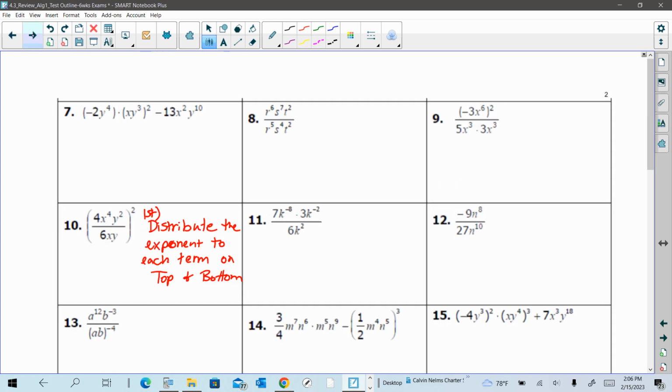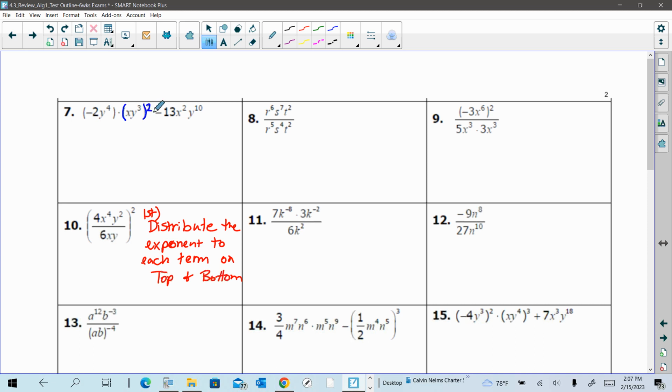All right, and then we're going to continue using those exponent rules on this next page. We got some multiple steps on here. I'm going to go over a couple, or maybe just make reference to the rule. So on number 7, the actual first item that we should focus on is this parentheses squared.